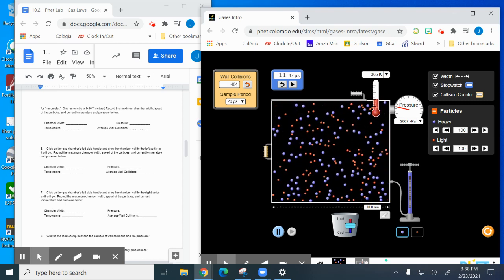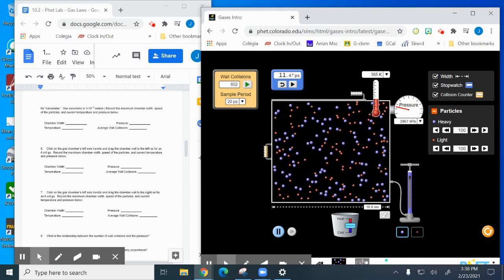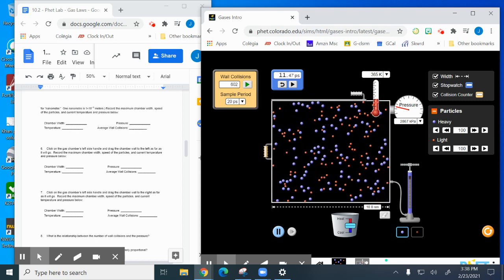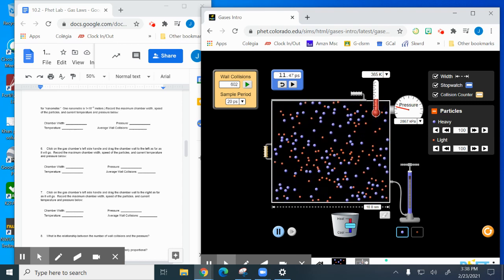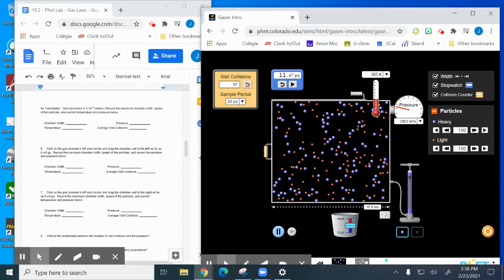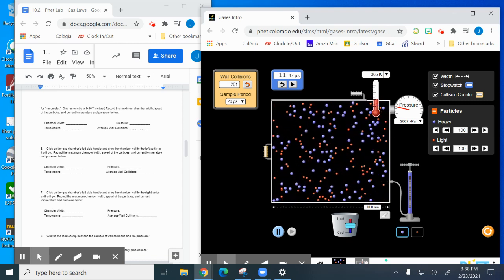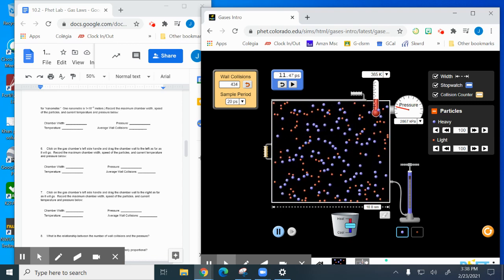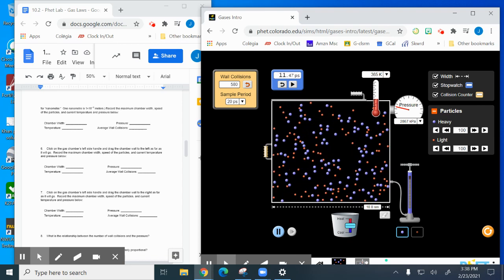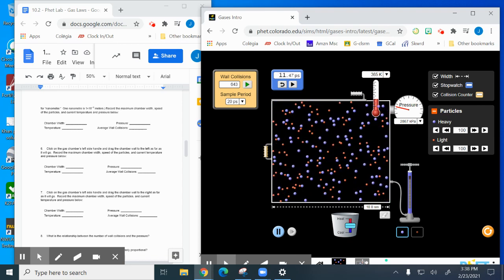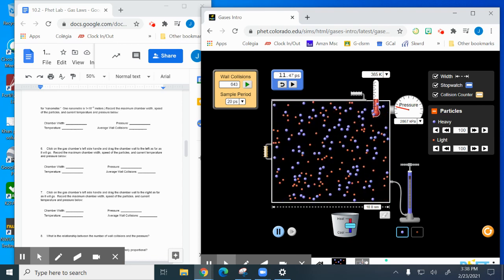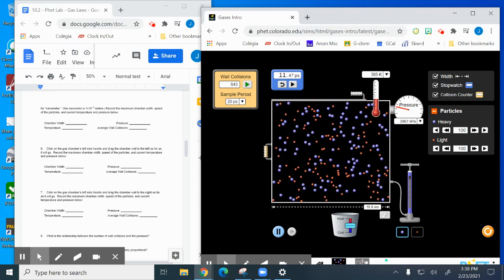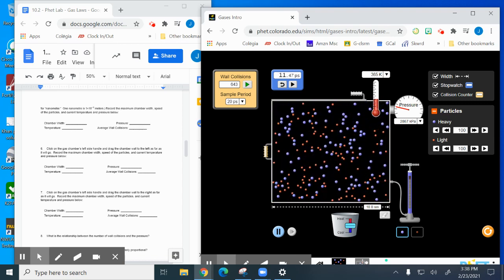What would you expect if you have the same amount of particles in a smaller area? You're going to get more wall collisions, and more wall collisions means more pressure. There's the same amount of energy in all these things flying around in a smaller space, so the temperature is going to be higher too.